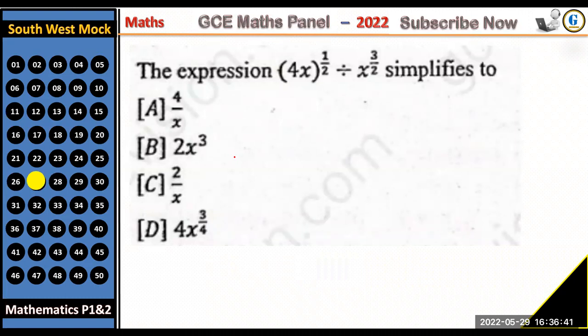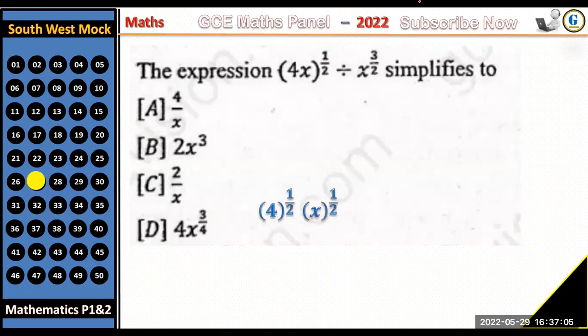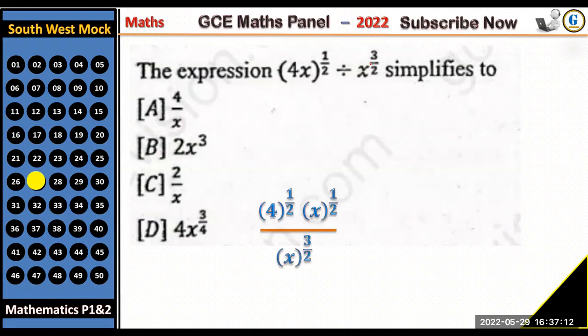27. The expression (4x) to the power a half divided by x to the power 3 on 2 simplifies to... I like this question. So do this as 4 to the power a half times x to the power a half, because this is a product of two numbers. So we have 4 to the power a half times x to the power a half, divided by x to the power 3 on 2.